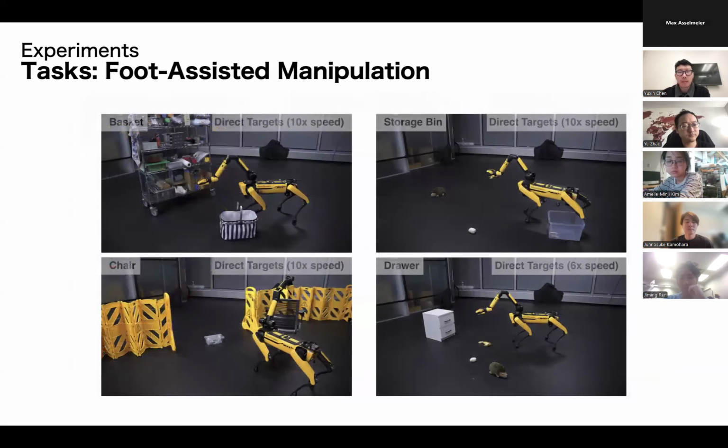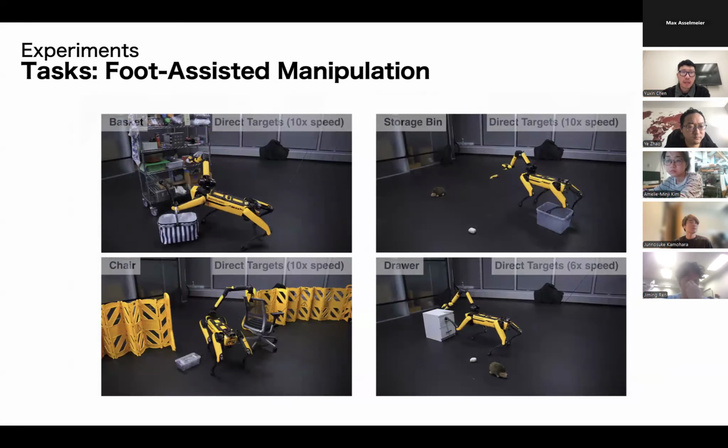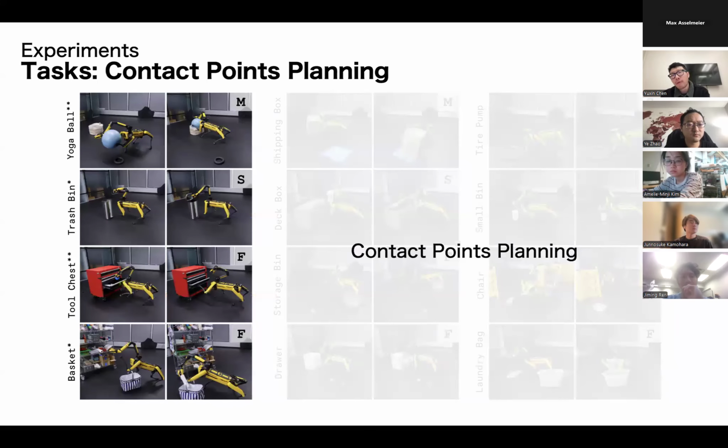So all these previous examples are demonstrated by the direct target, which is head operations. Here we choose 4 of the tasks to showcase the contact point planning, which is the second way of interactions.